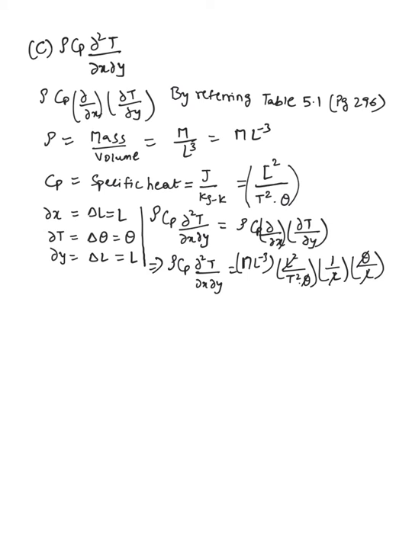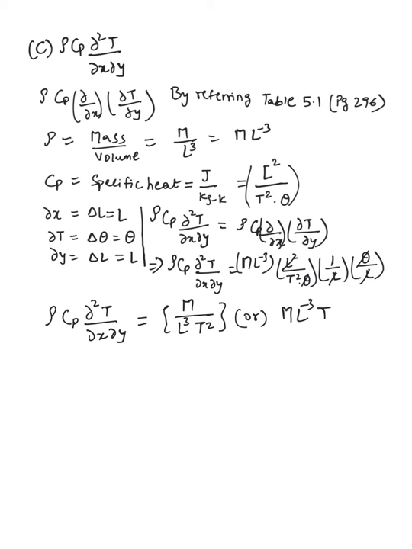Theta gets cancelled with theta, leaving rho Cp dou square T by dou x dou y equal to M upon L cube T square, or M L power minus 3 T power minus 2.